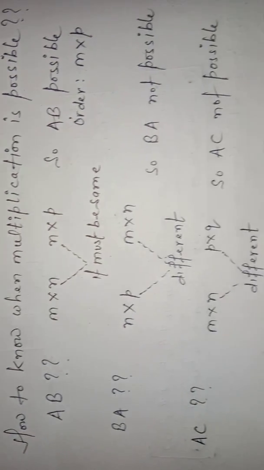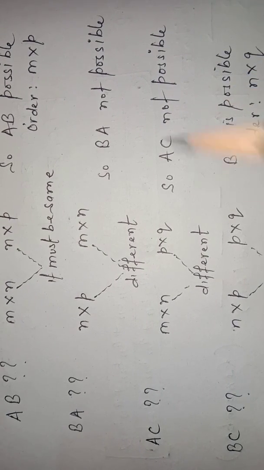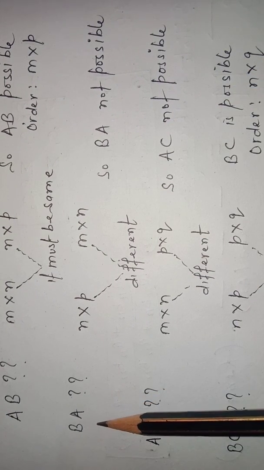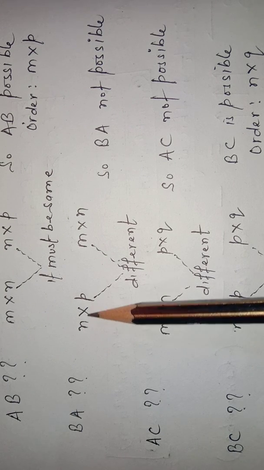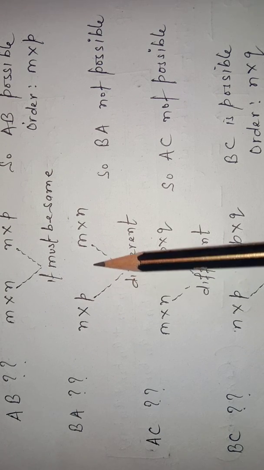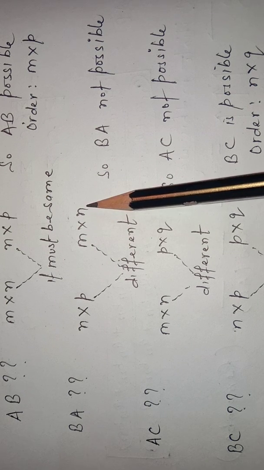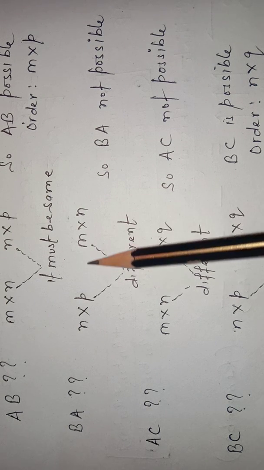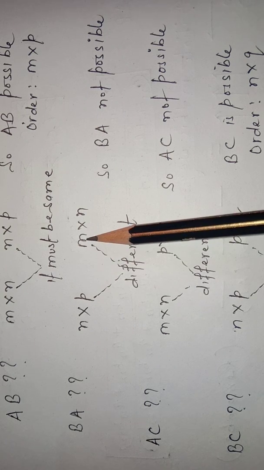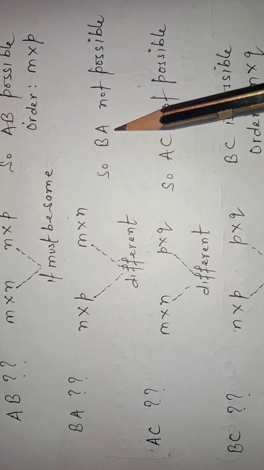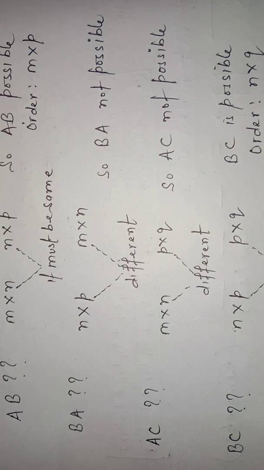Similarly, if you want to know about BA, you write the order of B, which is n by p, and write the order of A, which is m by n. We can check here that p and m are different numbers, so BA is not possible.